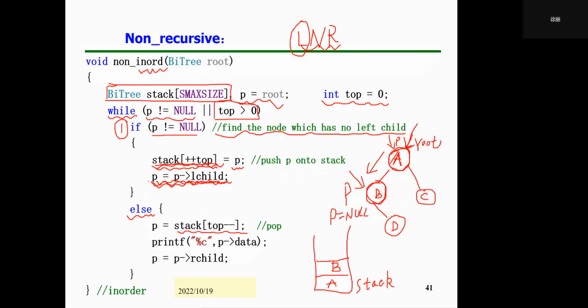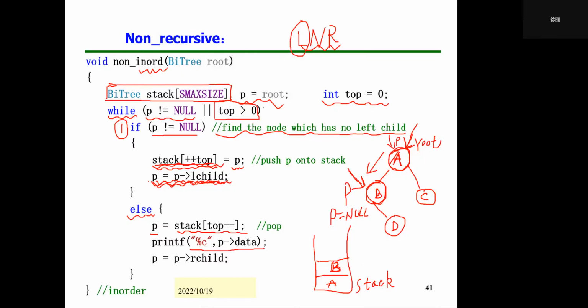So P will point to B now, because this is not a real B. This is the address of B, right? This is the address of the node which stores B, right? So we pop B from the stack, and then we output P data.